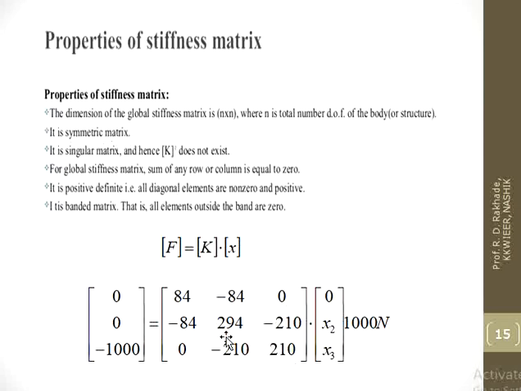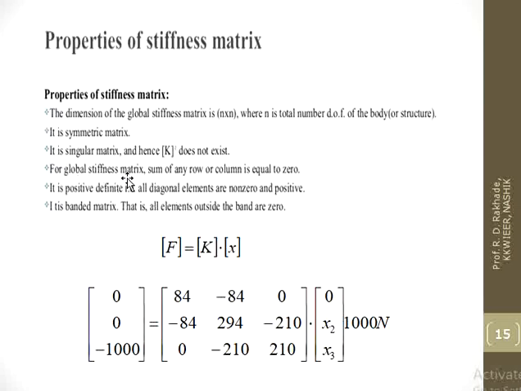Symmetric matrix means the upper and lower triangles are the same, meaning above-diagonal elements and below-diagonal elements are the same. It is a singular matrix and hence the inverse of the global stiffness matrix does not exist, meaning the determinant of the global stiffness matrix equals 0, that is nothing but a singular matrix.